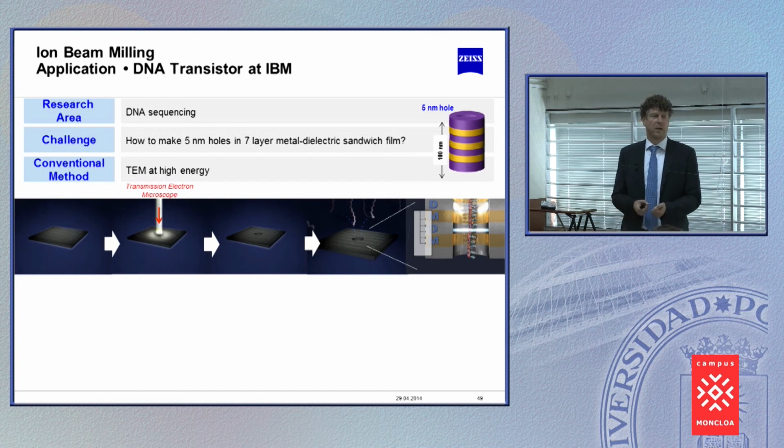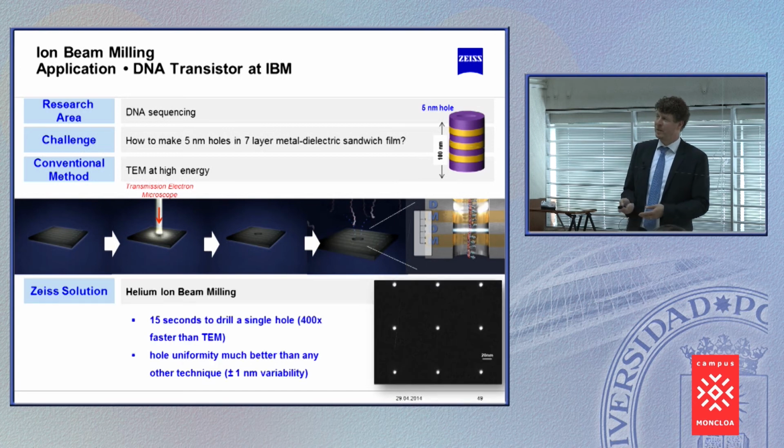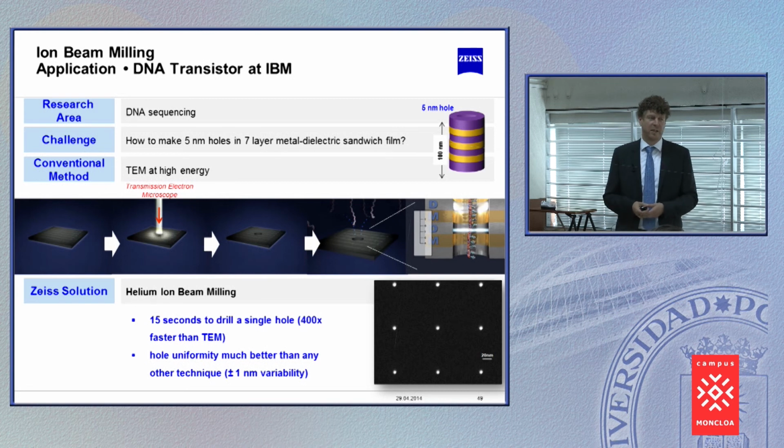They came to us with a lot of samples, and they were happy as they went away from our demo center with everything done, a year's work, because we just need some 15 seconds to drill a hole. It's 400 times faster than in the TEM, and the holes had better accuracy.